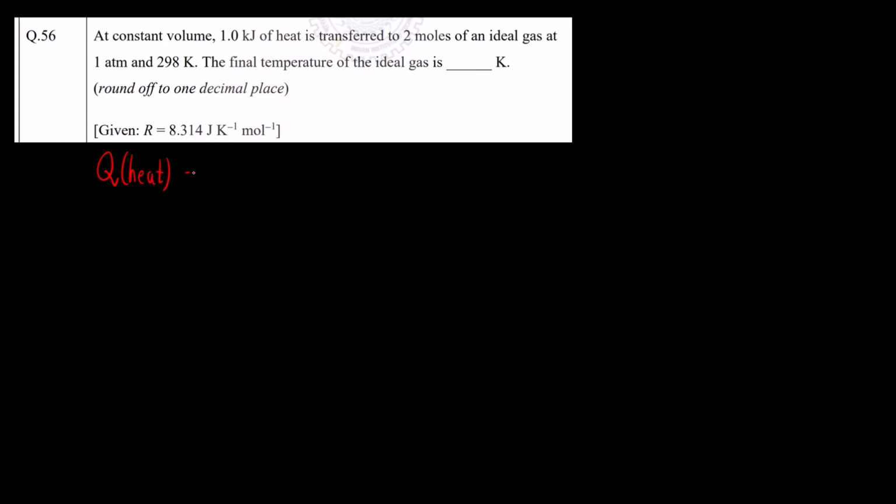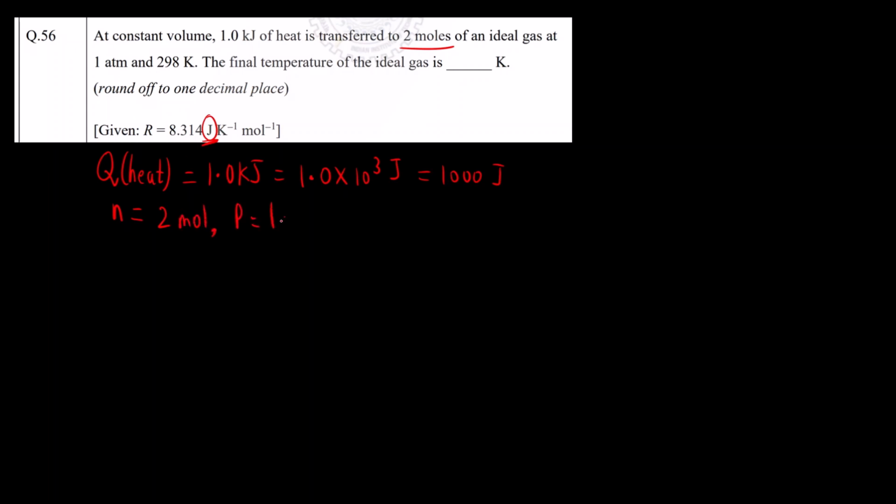What is the heat given? 1.0 kilojoule. Now the value of R is in joules, so we can convert kilojoule into joule. 1.0 into kilo means 10 raised to 3 joules, or I can write it as 1000 joules. Next, the number of moles N is 2 moles.